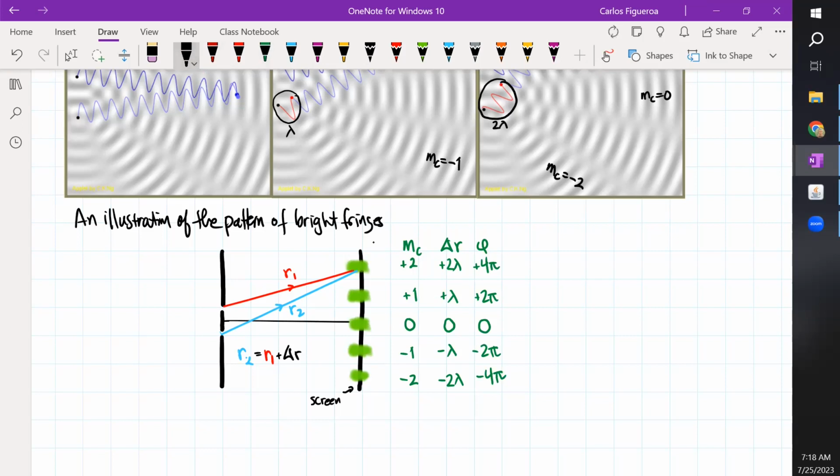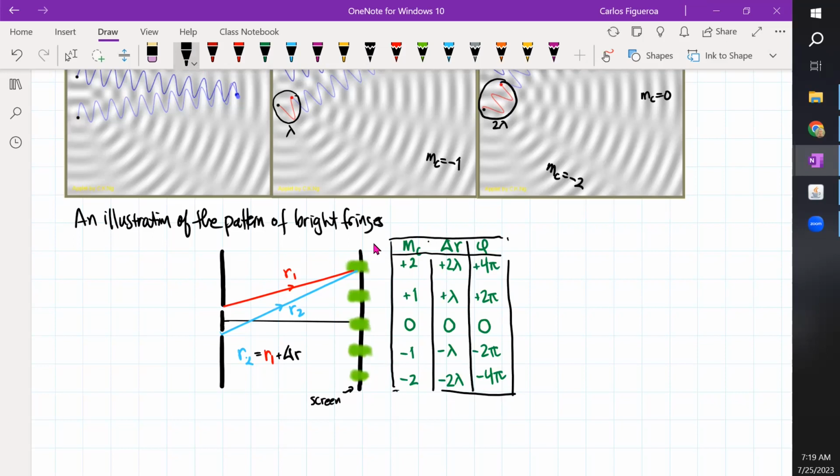So this illustration shows you how we're starting to label these points here. Okay, that's what I mean by the bright fringes. Now I can do the same thing for destructive interference.